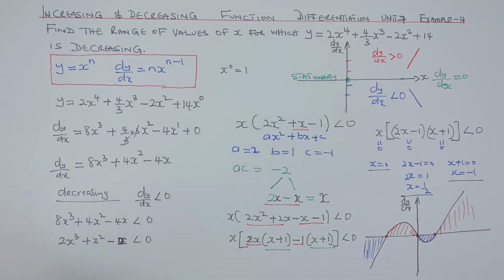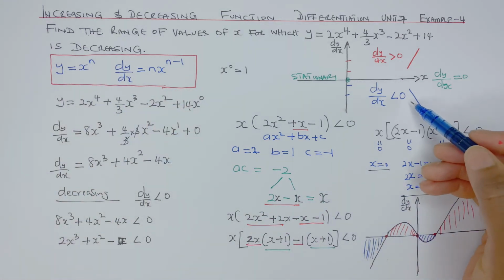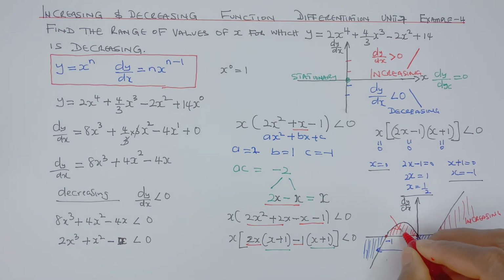So we're looking for the negative because decreasing is negative. That's decreasing, and this is increasing. So this point here is a half, and that's 0, and this is -1. So that's the decreasing part, and these are the increasing parts.